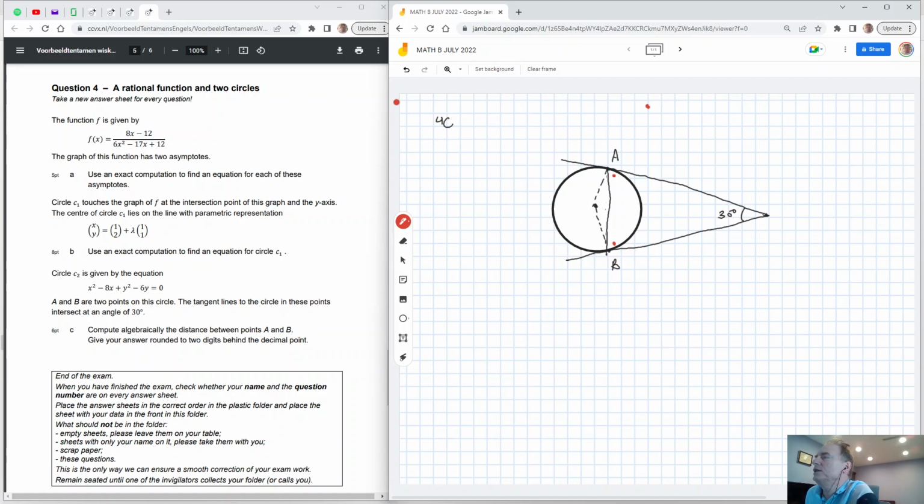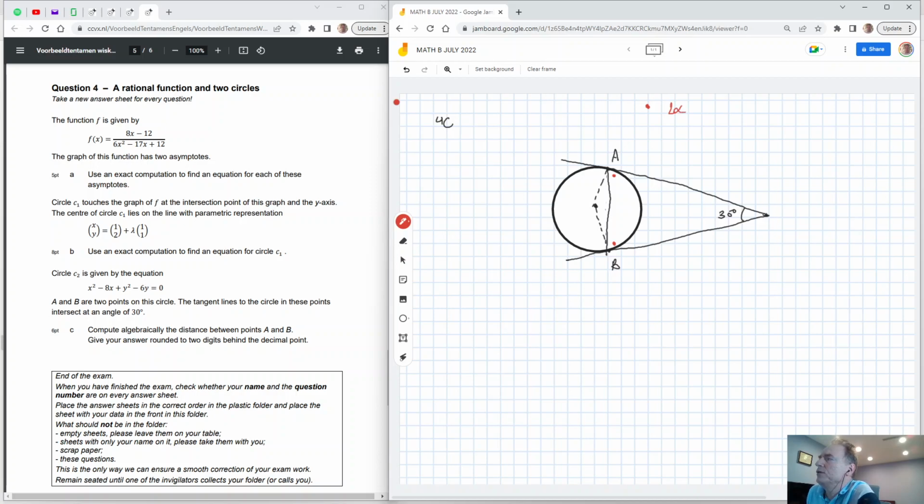So the strategy is to find this angle here. And you can also use that the sum of these four angles is 360. I guess let's do it this way.